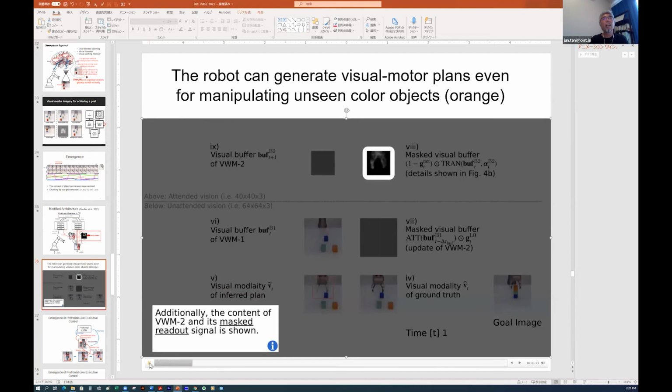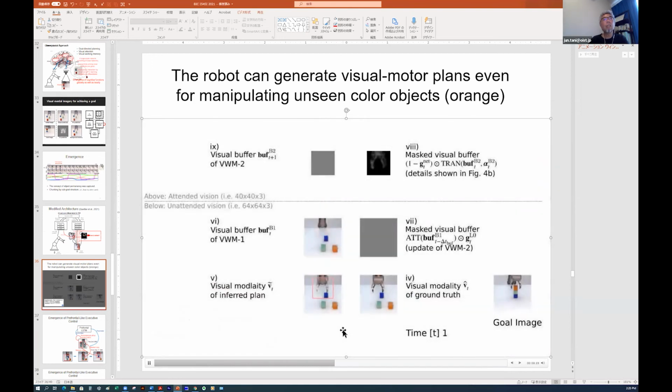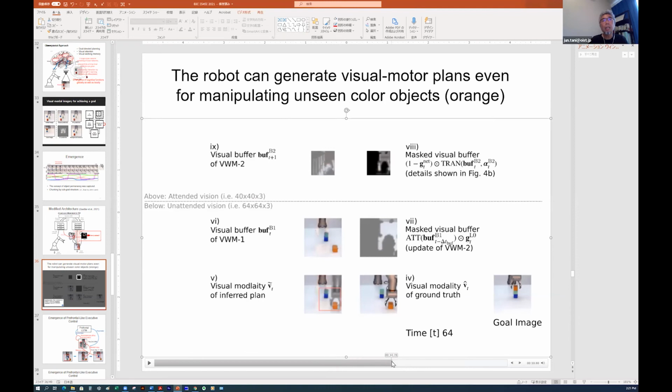Okay, so now the green one is picked up.